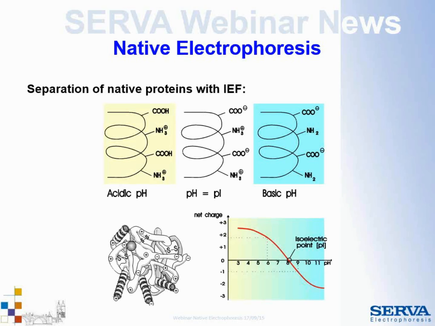The isoelectric point is pH dependent, and at this pH the protein does not have any net charge, so it won't migrate in the electric field. This means that when reaching this point, nothing happens anymore in this kind of electrophoresis.